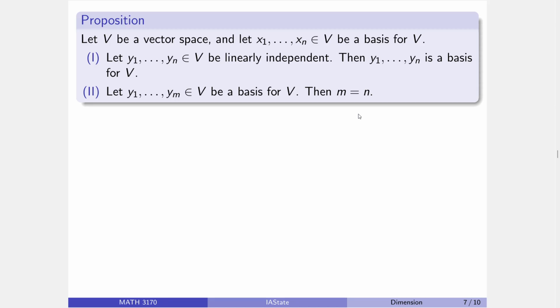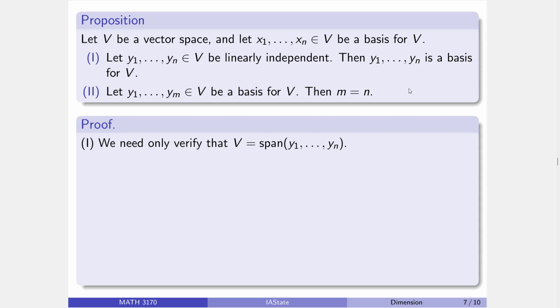And on the flip side, if you are in a set that has a basis consisting of n elements, then any linearly independent set with the same number of elements will also be a basis. And vice versa, if you have a basis, then its number of elements has to be n. And there we go. So, let's prove the first fact. Let's say we have our linearly independent set. We just need to know that it spans.